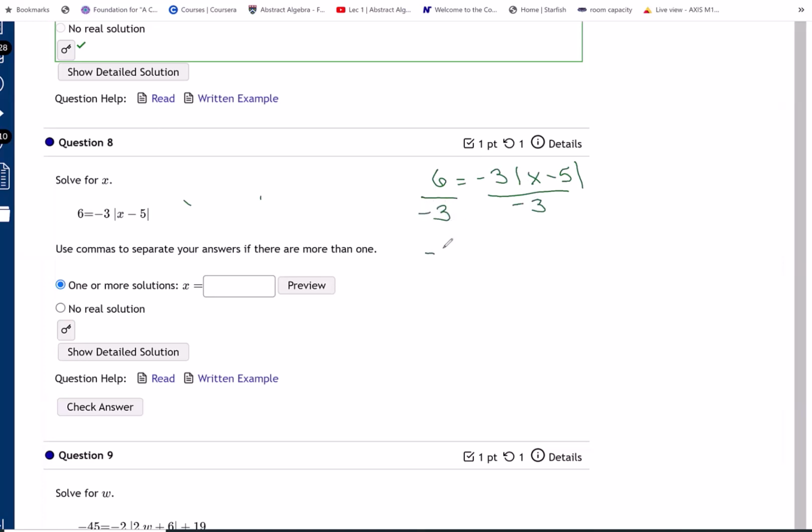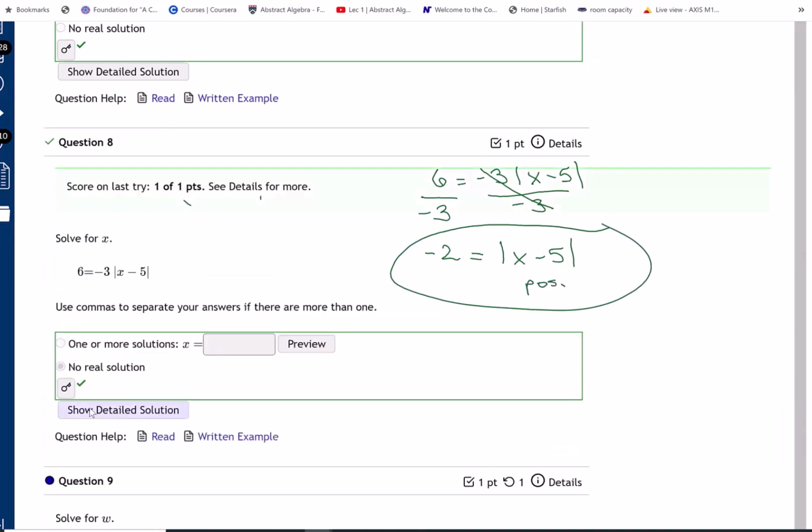I get -2 equals, this cancels, absolute value of x minus 5. Well, can the absolute value of x minus 5 equal -2? No way. This is going to always be positive. It can never equal a negative number. So this would have no solution.